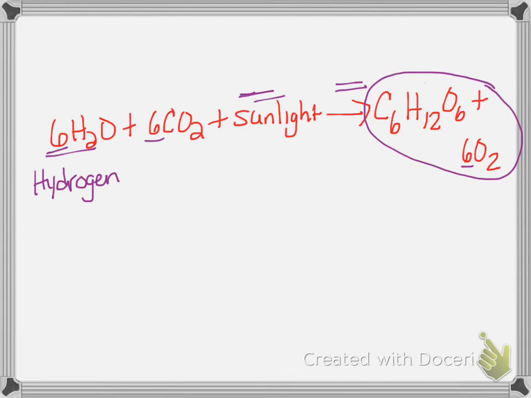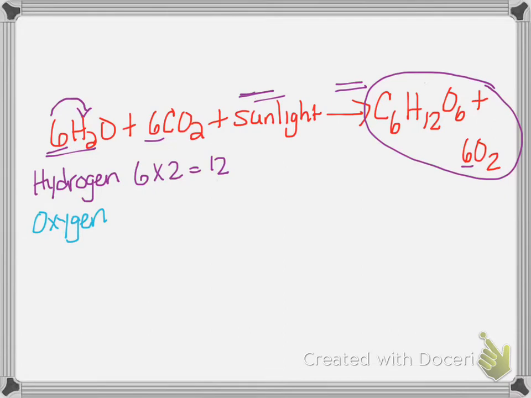So I'm going to write out each of the elements here so I can count my atoms and my molecules. I have hydrogen, and I have 6 hydrogen right here, and I times it by that subscript, and that gave me 12.